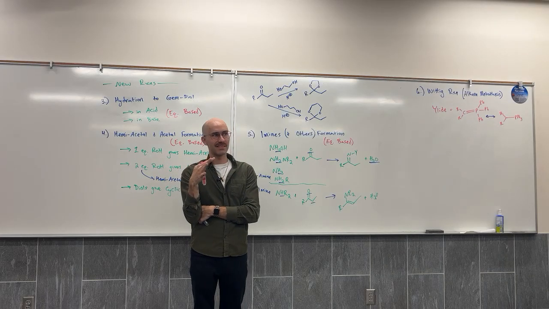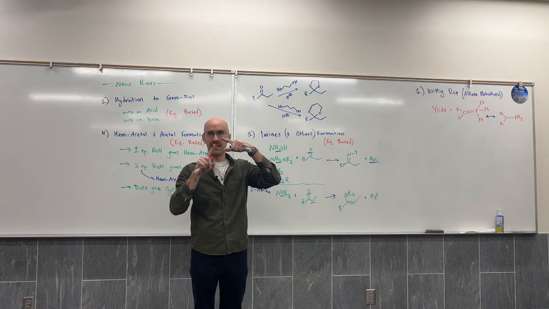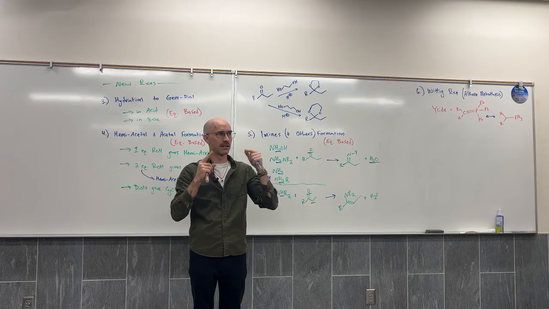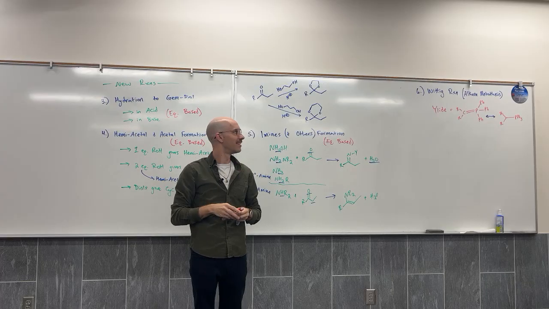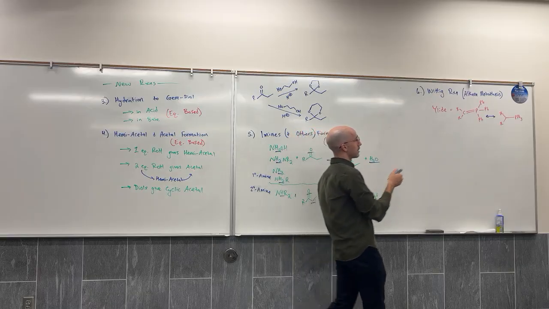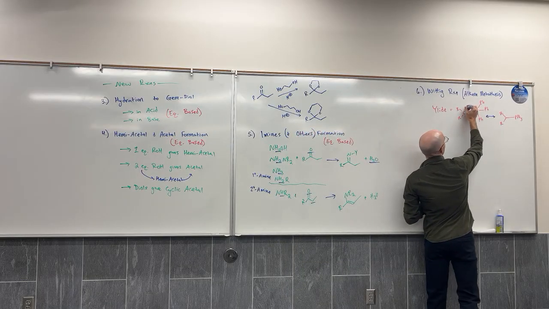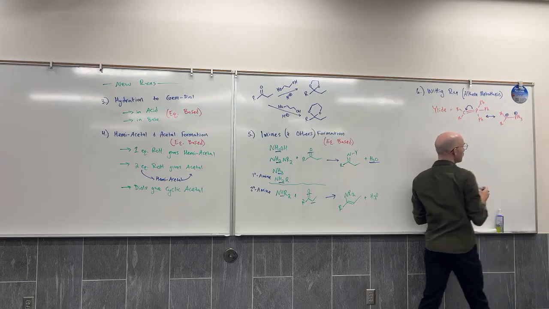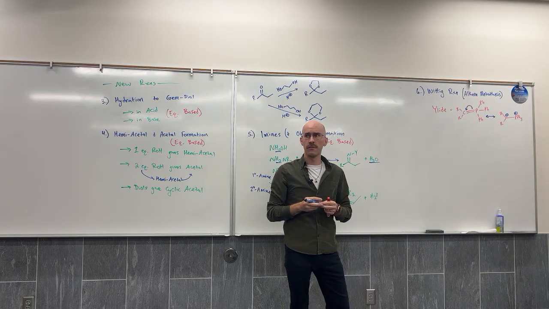So they're kind of in both directions of the trend for electronegativity. Turns out carbon is more electronegative. So this double bond can actually be thought of as a negative charge on carbon and a positive charge on phosphorus.